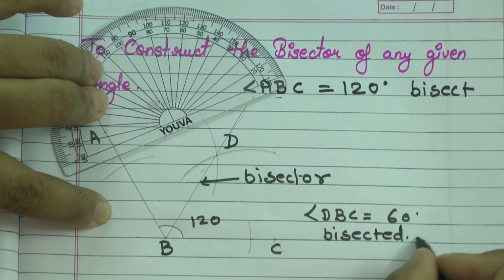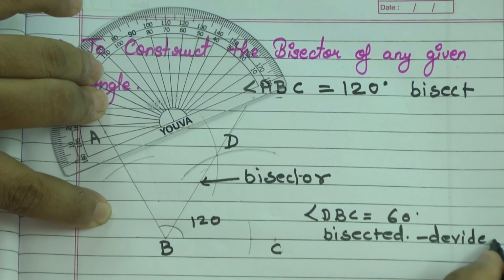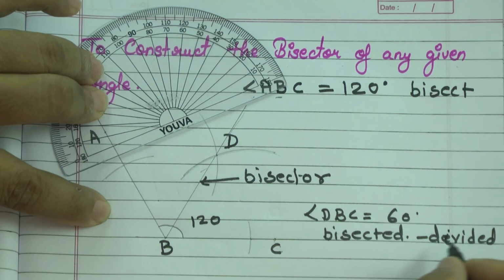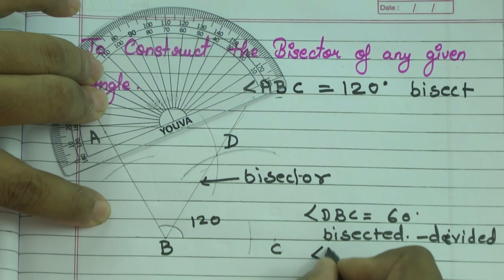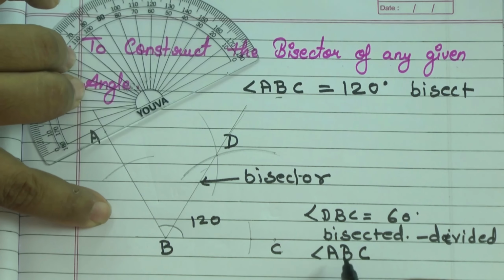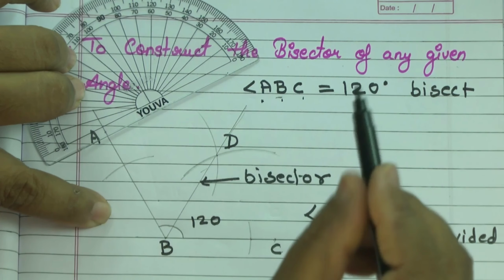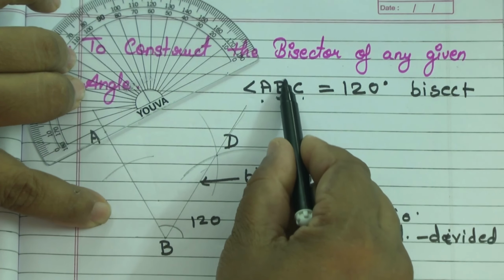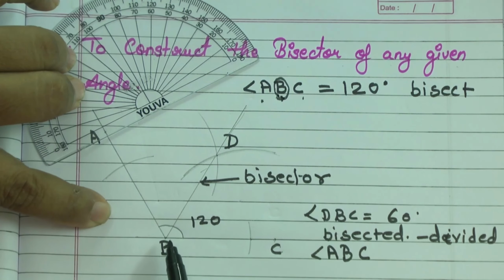Bisected means divided. I hope DB divided the angle there. I am taking B, the midpoint, as the vertex of the angle.